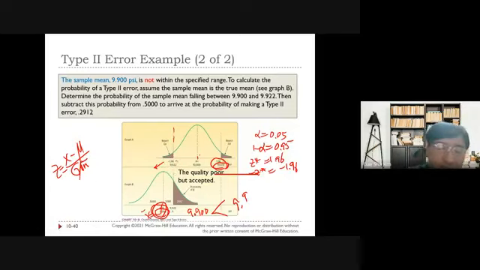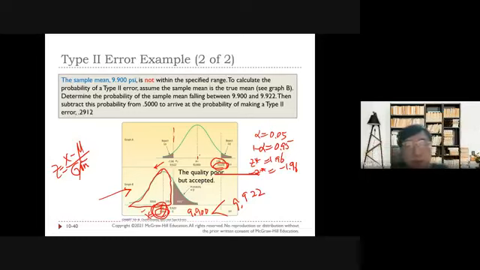So it is actually a bad quality, poor quality product. If a poor quality product falls in the rejected area, it will be rejected, so this is a correct decision. But if our sample belongs here, poor quality will be accepted because it is between this range. So this is the probability of error, type 2 error.